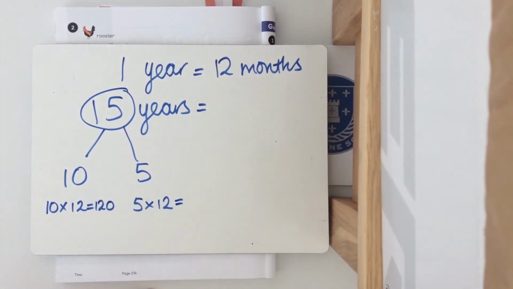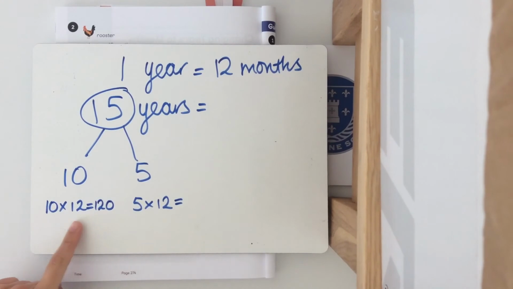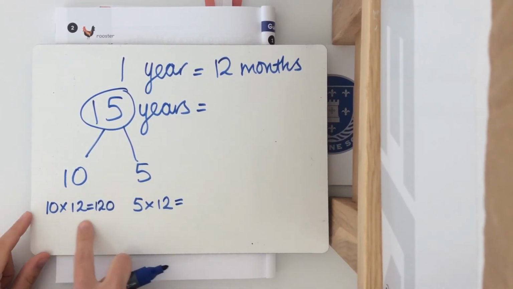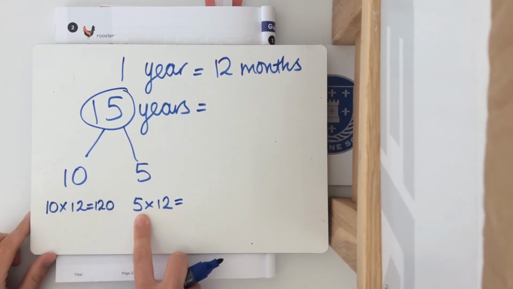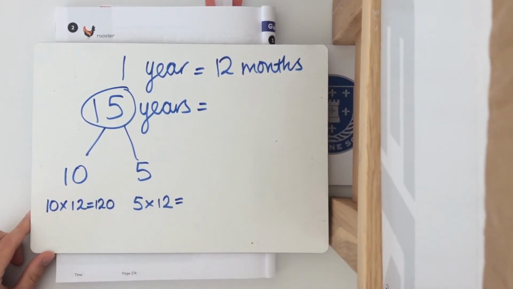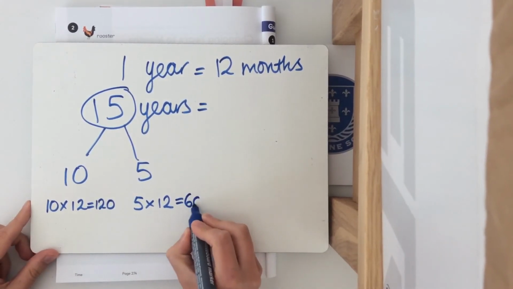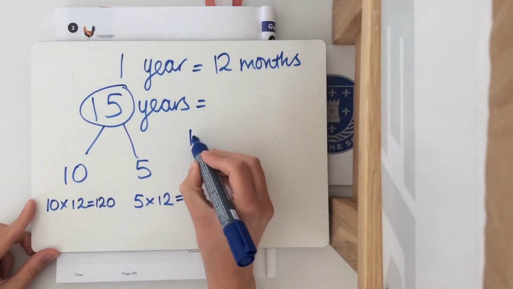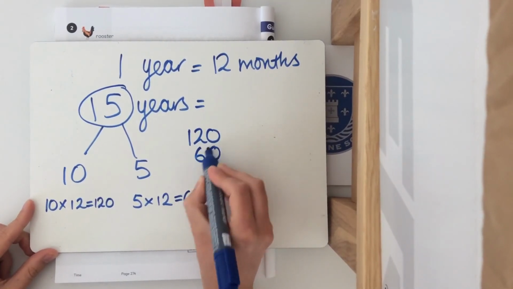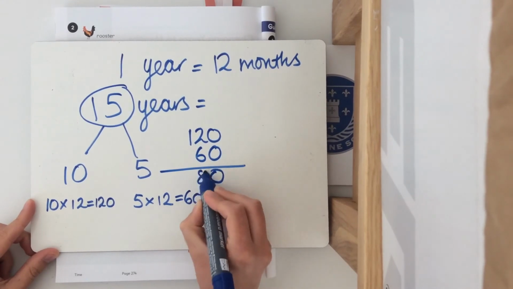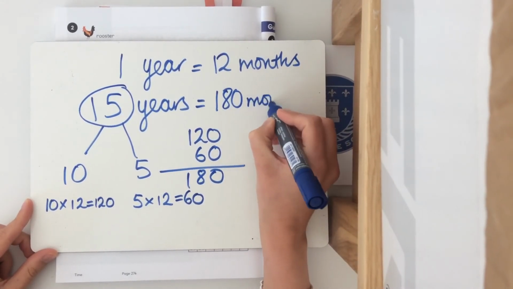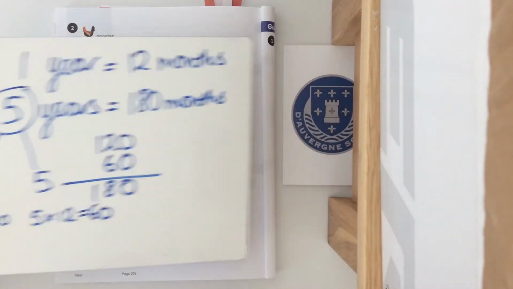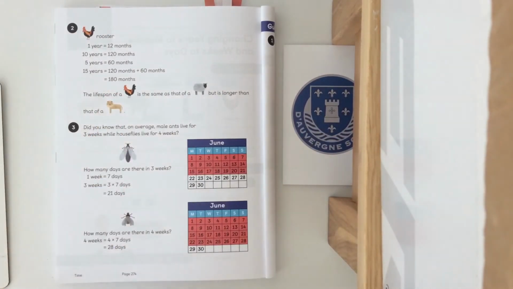Well done if you know your 12 or your 5 times tables, but using this, if we know 10 times 12 is 120, 5 is half of 10. So 5 times 12 is going to be half of 120, which is 60. And we can then add 120 and 60 together to get 180 months. So our rooster lives for 180 months.